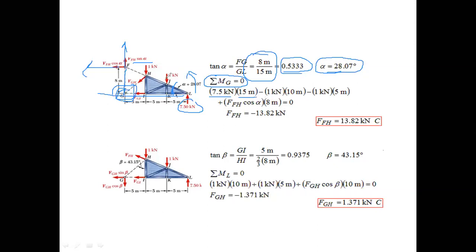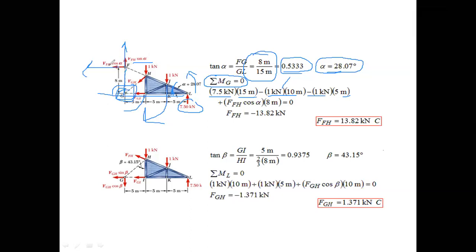Now the second one is 1 kilonewton into 10 meter, and its direction is this, that is why it is negative. Now the third one is 1 kilonewton into 5 meters, so minus 1 into 5. It is also negative in this direction.